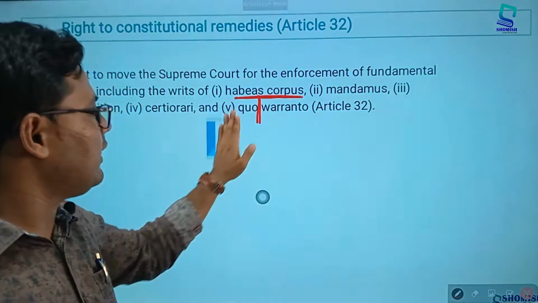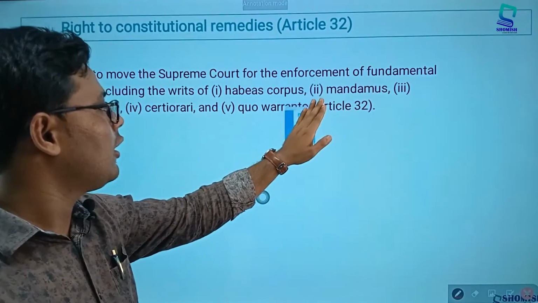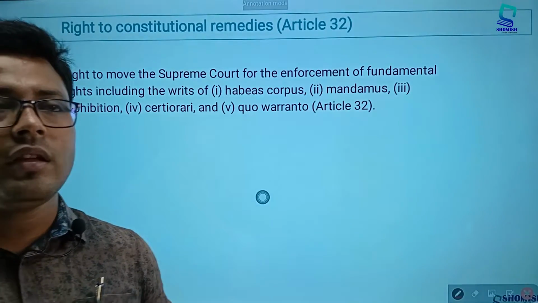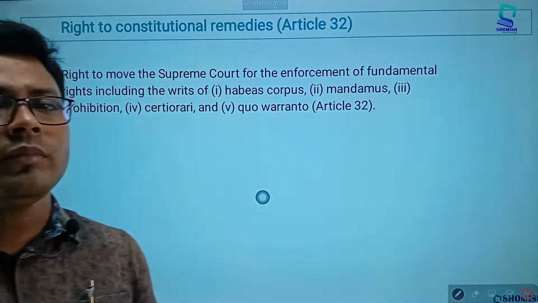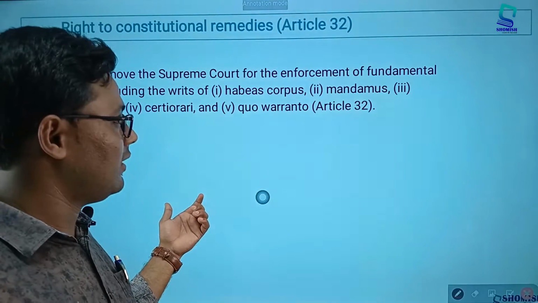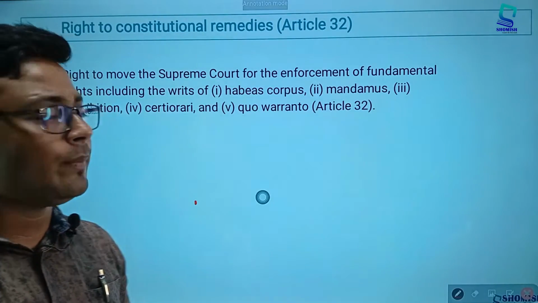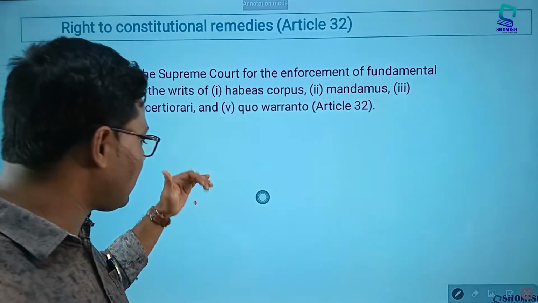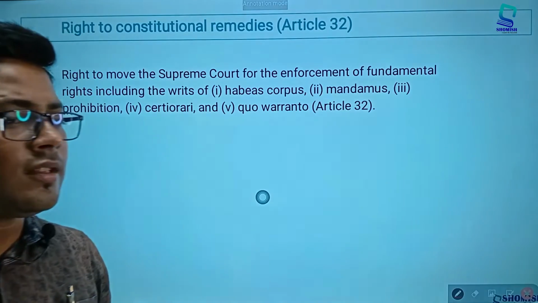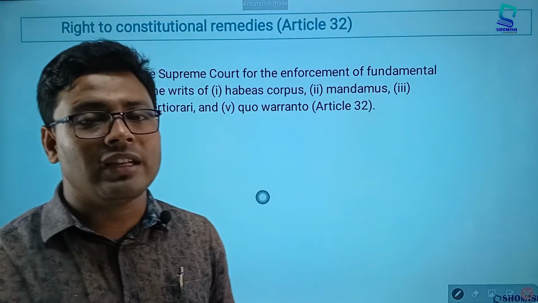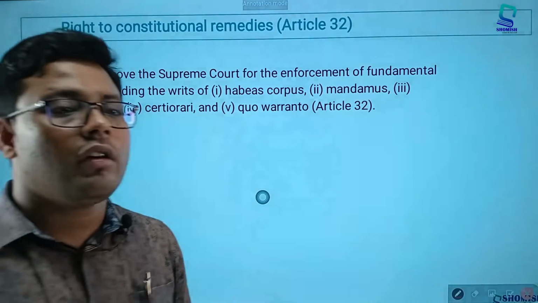The entity or the institution must send him to court. If this is not done, then the writ jurisdictions are taken into action.